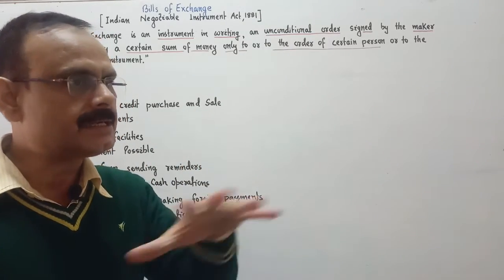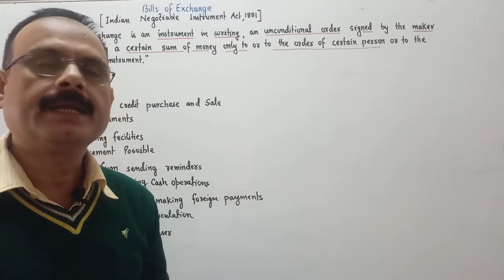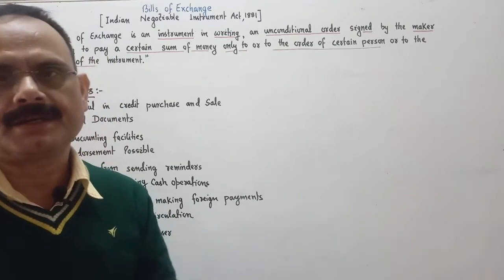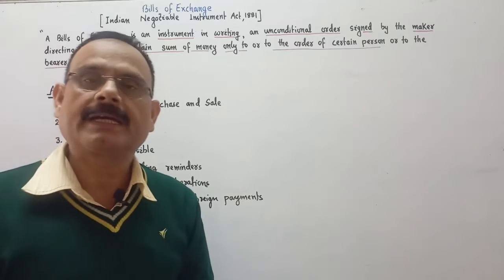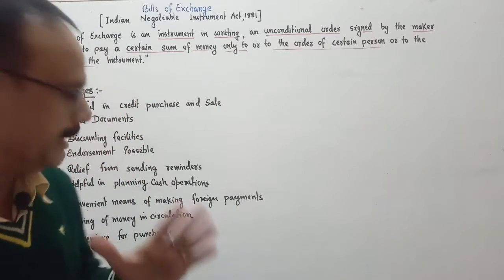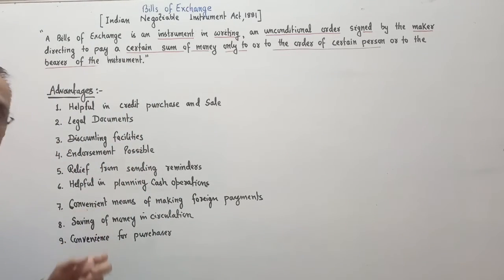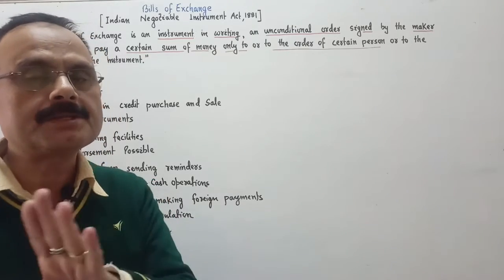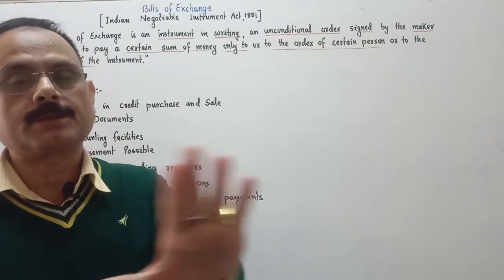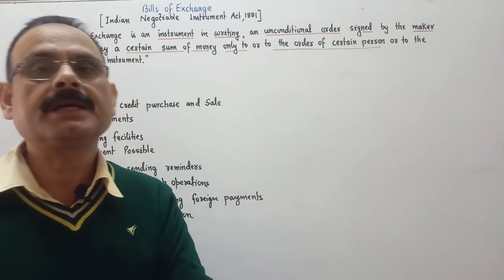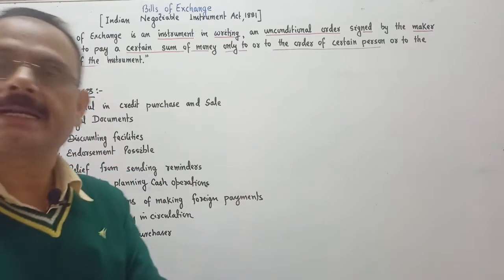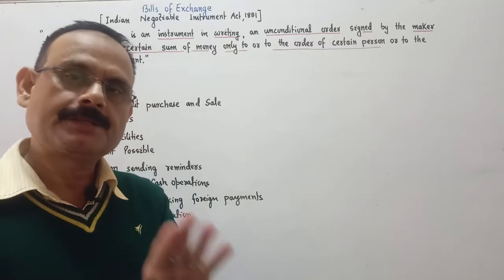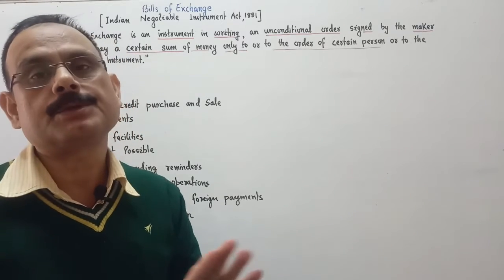And when the currency is not circulating in the market, the wear and tear of the currency is less. So this helps in saving money in circulation, because bills of exchange are in circulation in place of government currency.